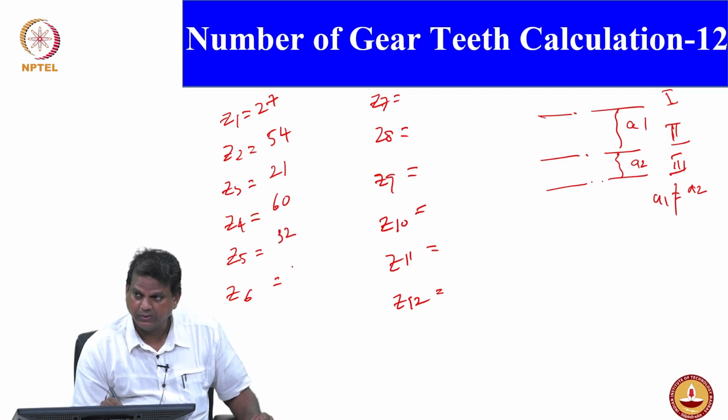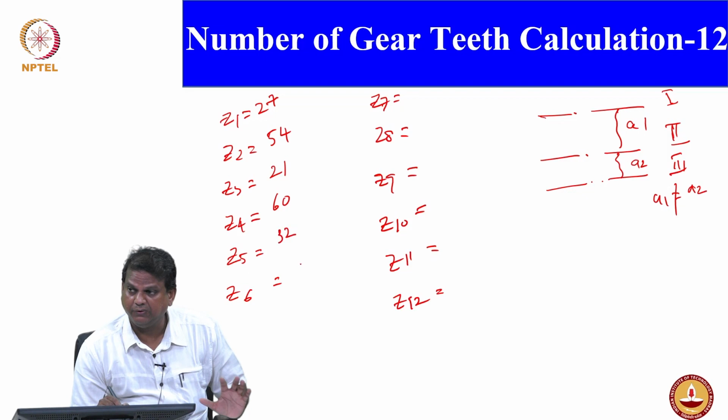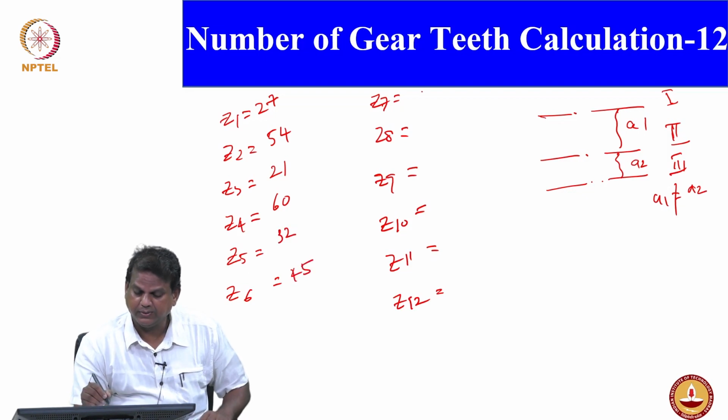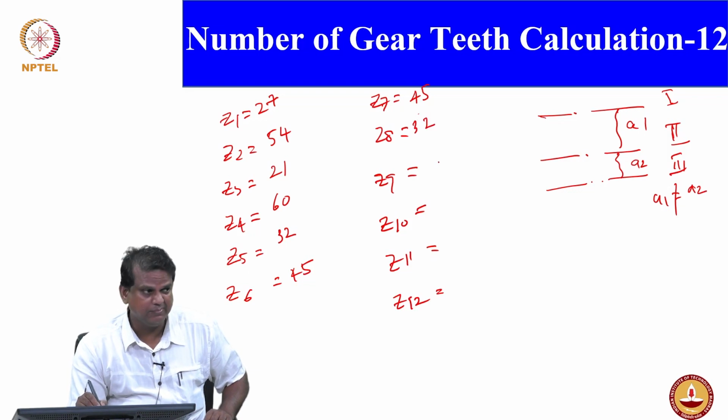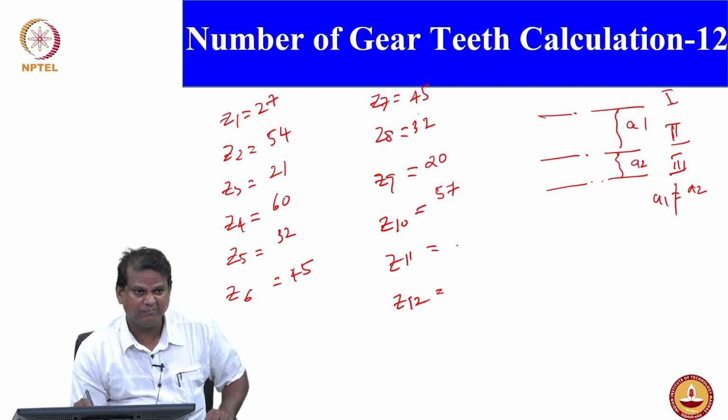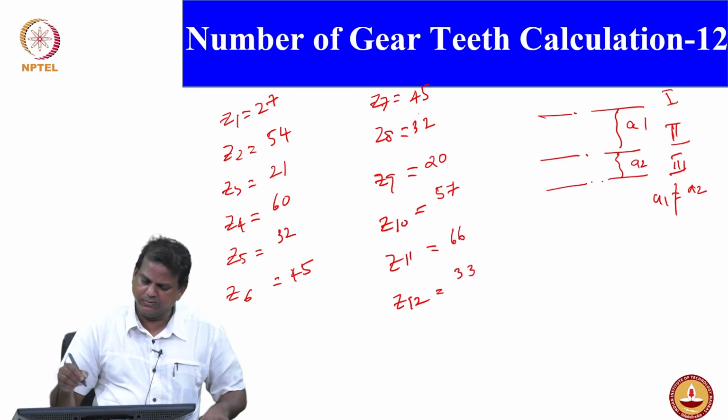Z5 and Z6, 32, 45, yeah, okay, Z7, 8, 45, okay, 32, yeah, 9, 10, 20, 50, okay, and 11, 12, 66, 33, yeah, no, okay, no, something is wrong, right?